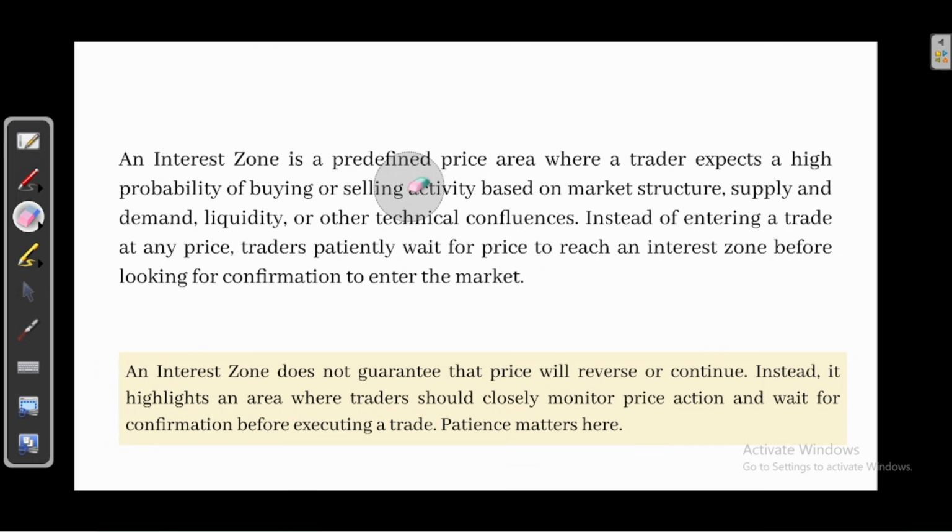But note this, interest zone does not guarantee that price will reverse or continue. Instead, it highlights an area where traders should closely monitor price action and wait for confirmation. That is another thing. The price will first get to your interest zone, but that it gets to your interest zone does not mean that it will respect what you have in your mind.